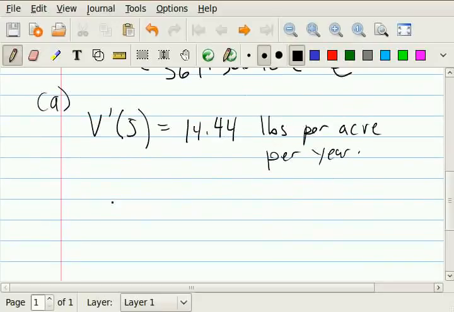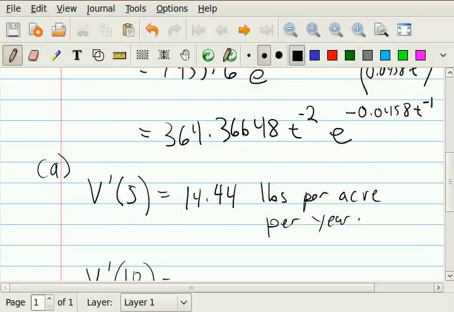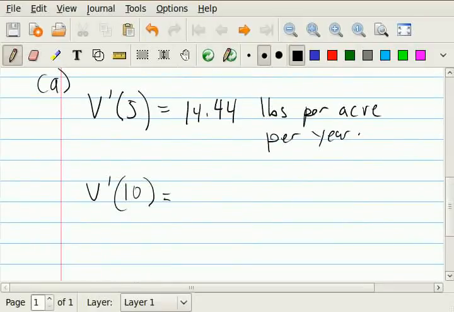And we can go ahead and compute the derivative again, and of course this is one of the most time-consuming things, just typing all this into the calculator. You need to compute this expression now when t is 10. I think I already did that, so I'll save myself some time.